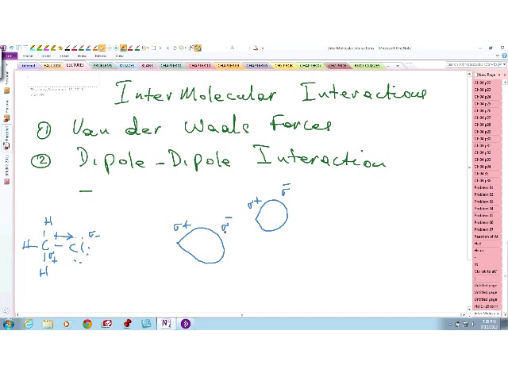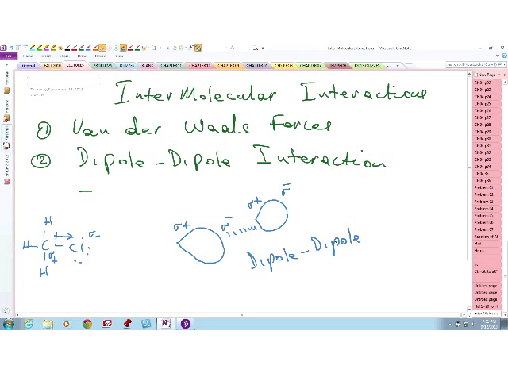The attraction between this part of the molecule and this part of the molecule is what we refer to as dipole-dipole interaction. So dipole-dipole is the interaction between the partial negative charge and the partial positive charge of polar molecules. Those dipole interactions also impact physical properties, like the boiling point of a molecule. But you do not have this in the alkane molecules.